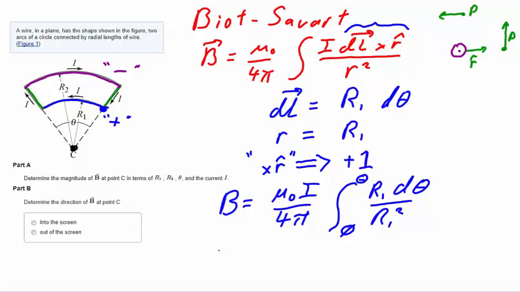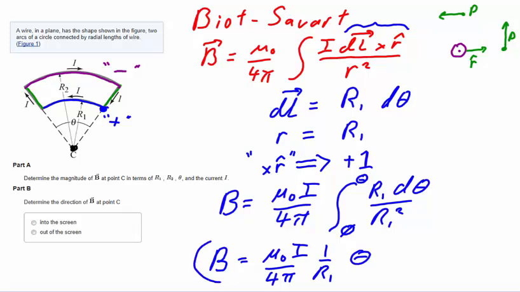Notice that since the radius vector is a constant, it comes out of the integral, and that the integral of d theta from 0 to theta is simply theta. And so this is the contribution of the inner blue arc.